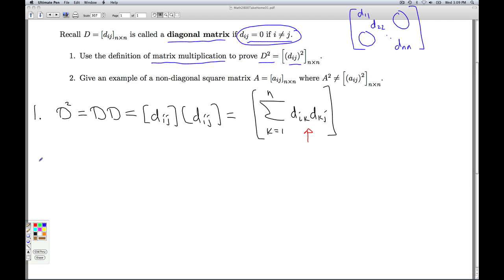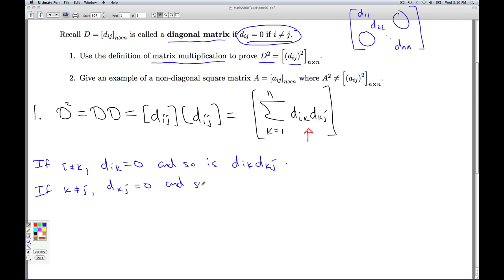So I'm going to just note here, if i and k are different, d_ik is 0, and so is d_ik times d_kj. If k and j are different, then d_kj is 0, and so is d_ik d_kj. So once again, I'm just applying the definition of diagonal matrix.